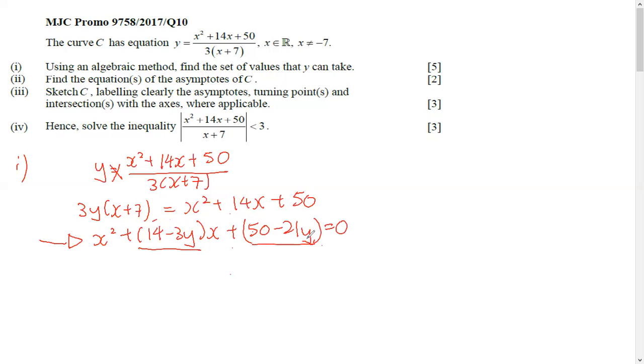The technique that we are going to apply for this question is b squared minus 4ac must be more than or equal to 0. I will explain this in a while.